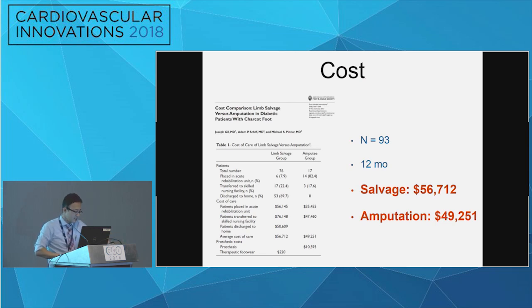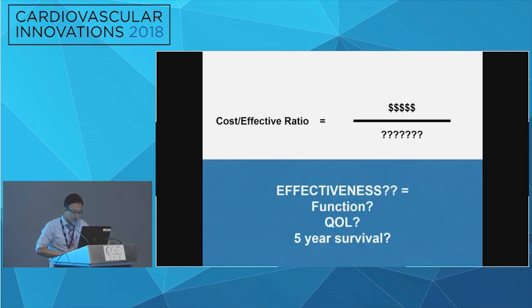But the caveat with this is, what's the cost if you don't talk about effectiveness? And obviously the cost effectiveness ratio is cost divided by effectiveness. And what's effectiveness in Charcot patients? Well, is that the function, or is that quality of life, or is it 5-year survival? And we discussed all those three things.